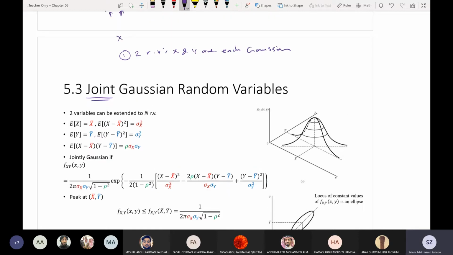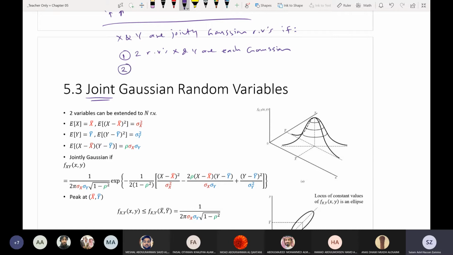So x and y are called jointly Gaussian random variables if, first, the two random variables are each Gaussian individually.